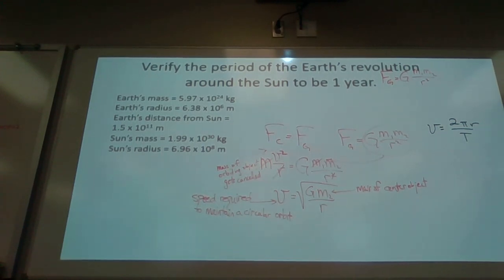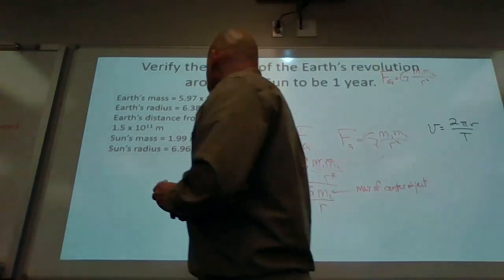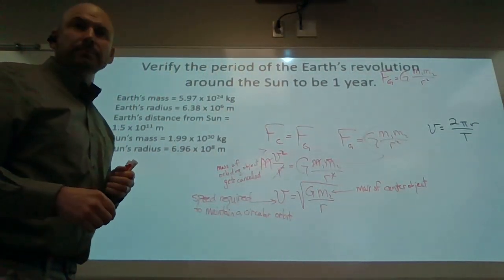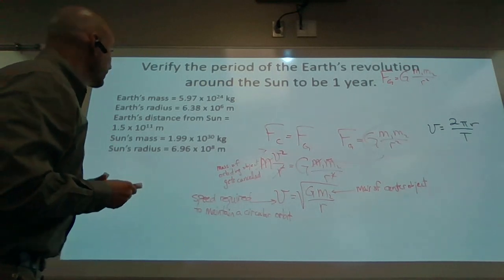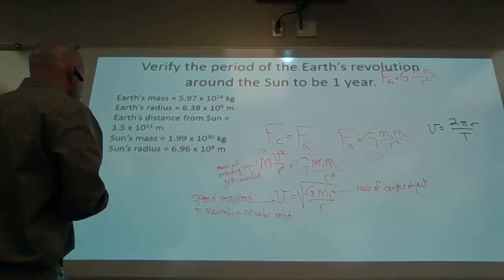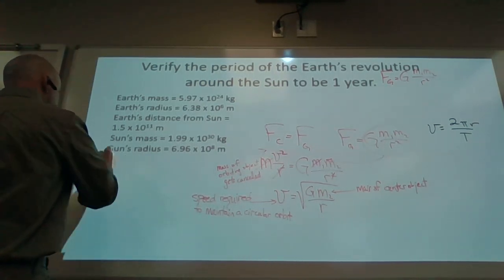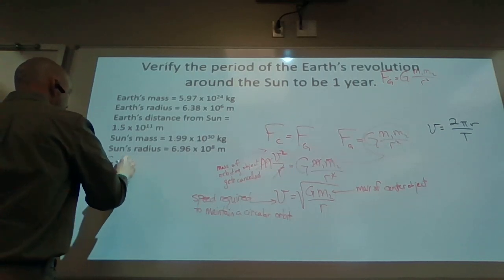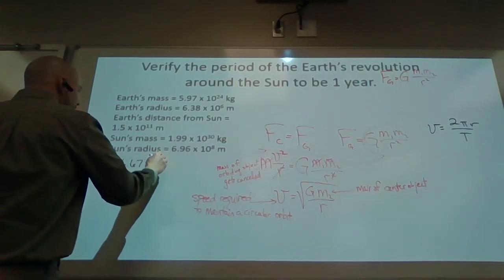So an important skill is knowing which numbers to stick in. You have a lot of different numbers I'm going to give you. Yep, G is 6.67 times 10 to the negative 11th.